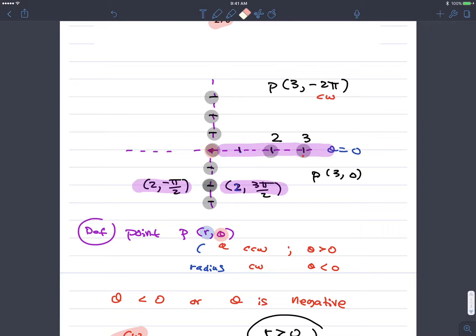Let's erase a lot of this because it's starting to look confusing. This one's gone too. So this address and this address reveal the same location right here, because these units are 1, 2, and 3 for radius values, and they're positive.